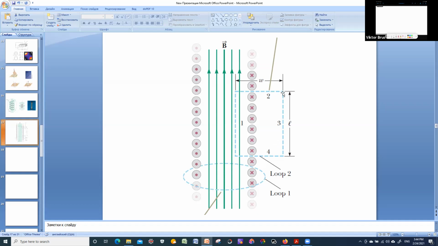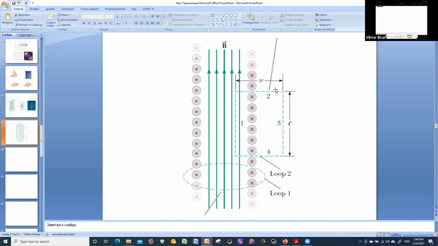For instance, the integral of the scalar product of the magnetic field vector B and ds will be equal to 0 for segment number 3, because the magnetic field is perpendicular to this segment outside the solenoid.